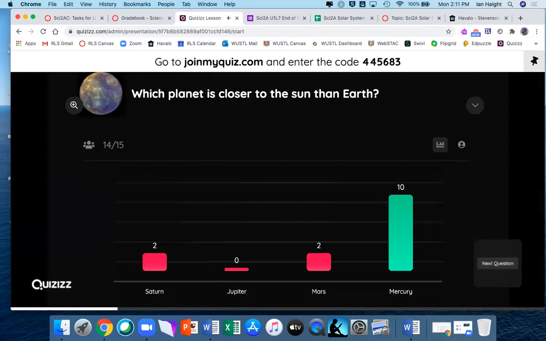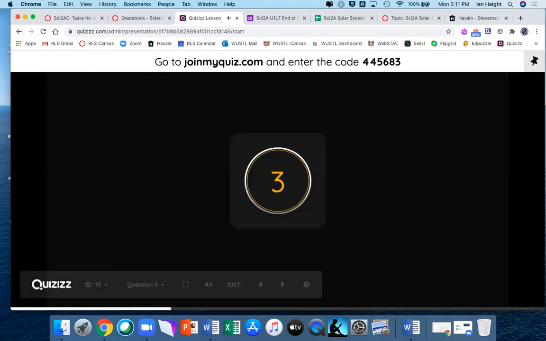Bryce close behind. Very good. It is Mercury. Again, think Venus and Mercury are the only two that are between the Sun and Earth, those inner planets.